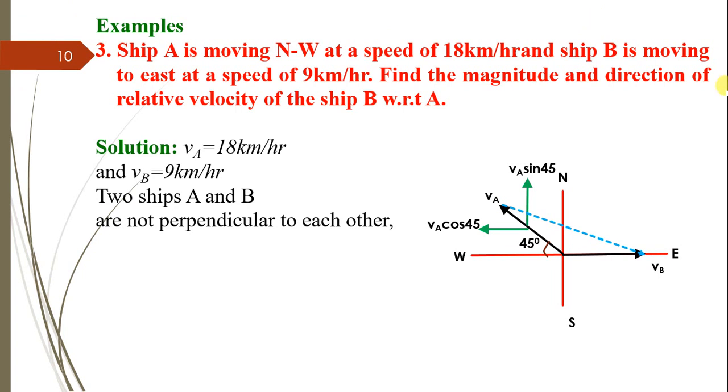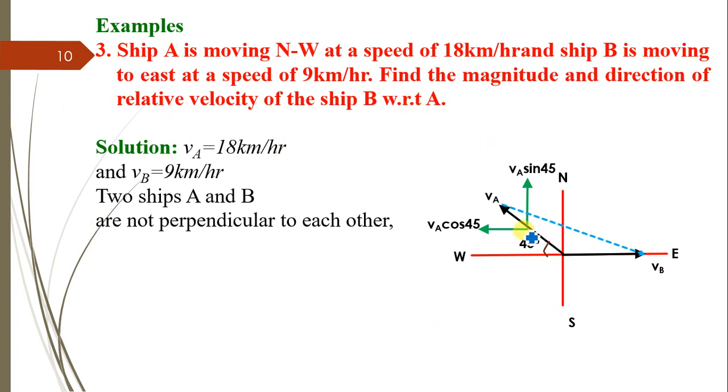Find the magnitude and direction of the relative velocity of ship B with respect to A. So A is moving at 18 km per hour in the northwest direction, at 45 degree, and B is moving at 9 km per hour towards the east.